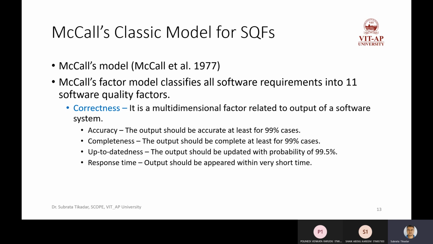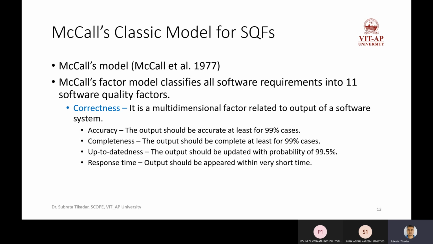So correctness is defined as... correctness is all about the accuracy, completeness, and this type of thing. So it is therefore called the multidimensional factor.